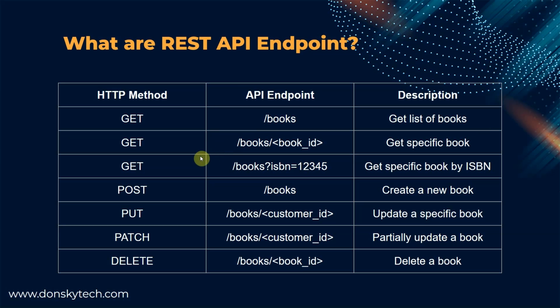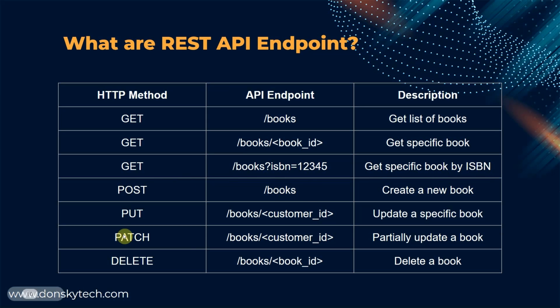However, if we are querying, for example, a specific ISBN number for a particular book, then we need to pass an HTTP GET with the following endpoint, wherein anything after the question mark is considered as query parameters. As you can see here, when you send an HTTP request at this API endpoint, you will get a specific book by ISBN number.